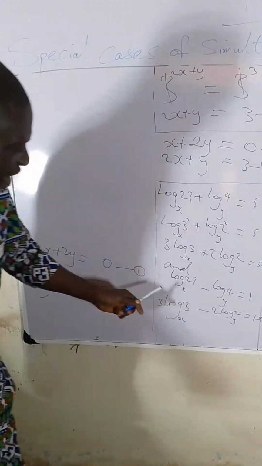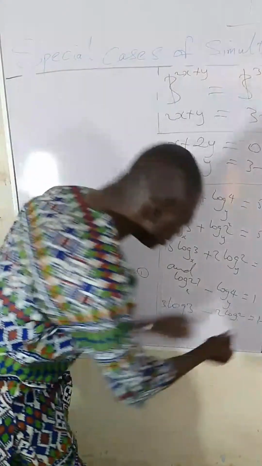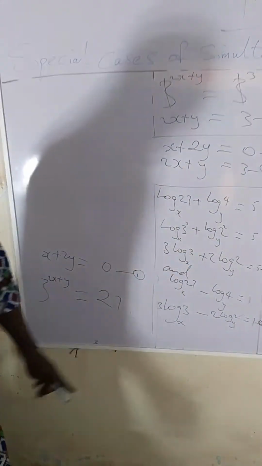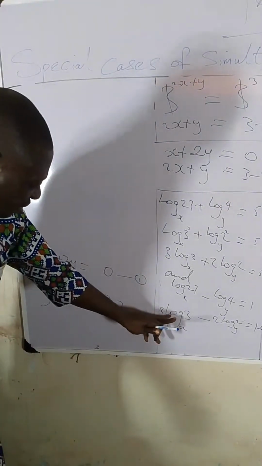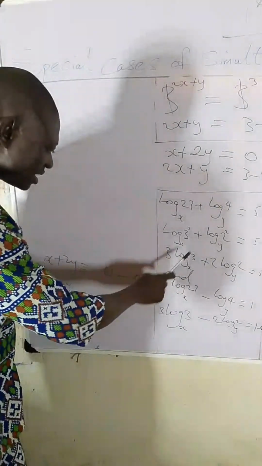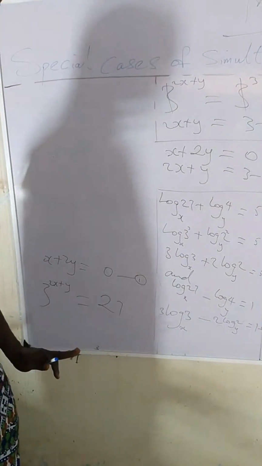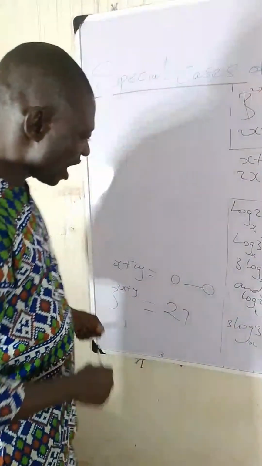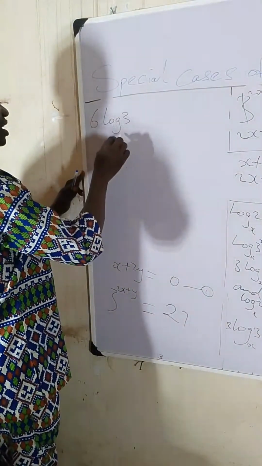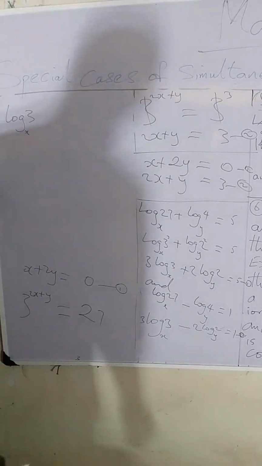So here we are adding equation 1 and equation 2. Yes, we have 3 log 3 in base x plus 3 log 3 in base x. Remember, something is called log 3 in base x. 3 of it plus 3 of it will give you 6 of it. That's just how we're going to take it. And so we have 6 log 3 in base x.